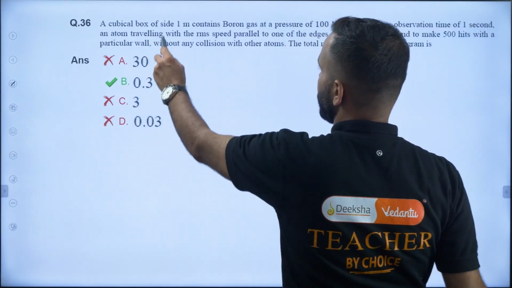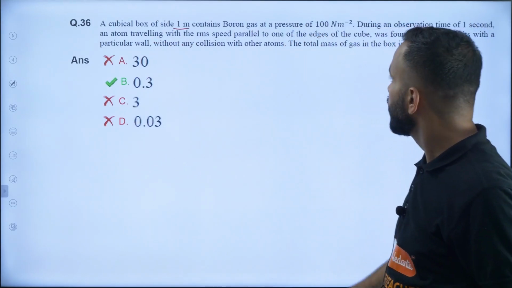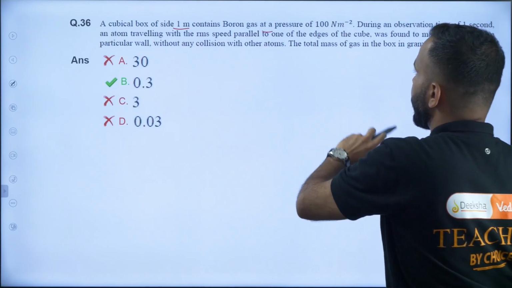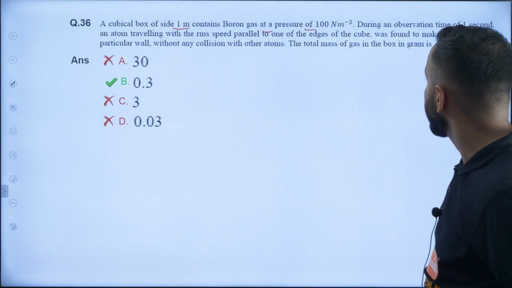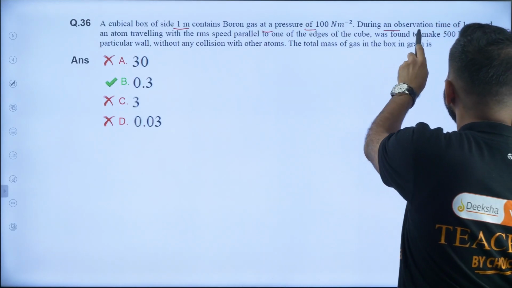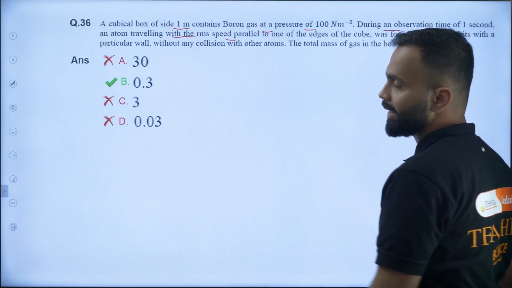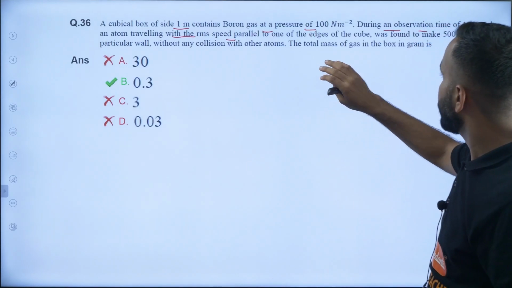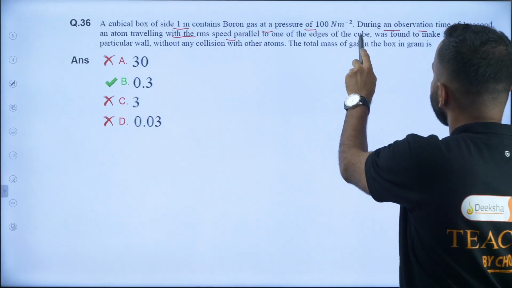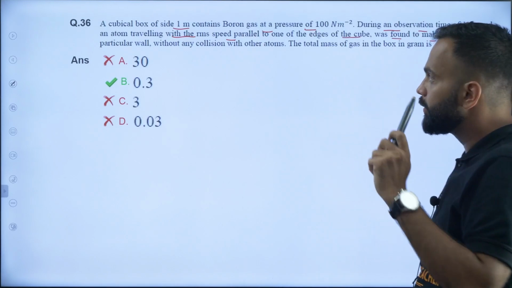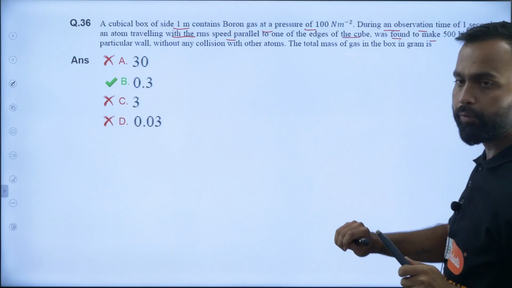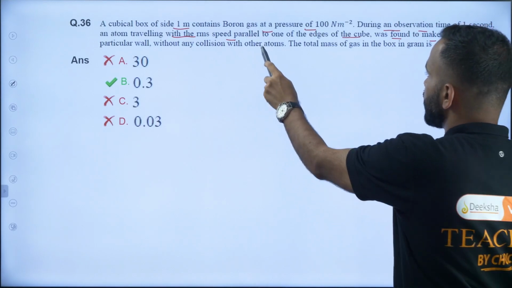A cubical box of side 1 meter contains boron gas at a pressure of 100 Newton per meter square. During an observation time of 1 second, an atom traveling with the RMS speed parallel to one of the edges of the cube was found to make 500 hits with the particular wall without any collision with the other atom.